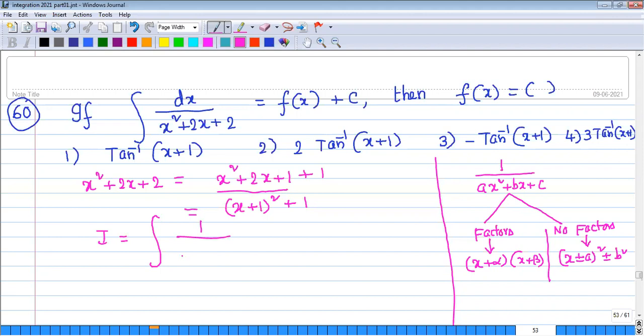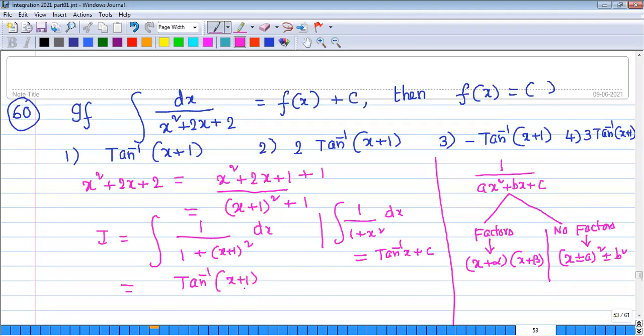Now let us go to our integral part: 1 upon 1 plus x plus 1 whole square dx. It is just like our standard result, integral of 1 upon 1 plus x square dx is tan inverse x plus constant of integration. In the place of x, we have x plus 1, so that is tan inverse of x plus 1. We need to check the derivative of x plus 1 also, which is 1, so you need not write it, plus constant of integration.